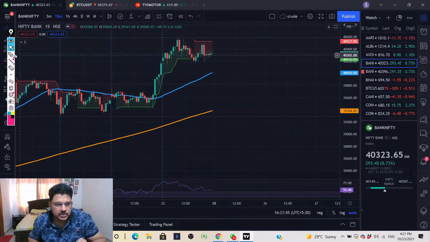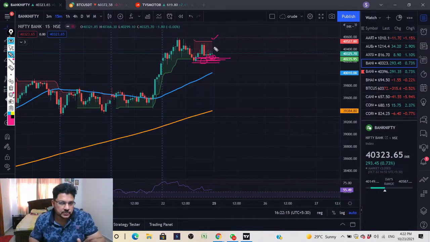You can notice these kind of bars forming here, which depict a lot of buying happening at this level whenever the market wants to breach it. The trend is comparatively negative here, but all the longer time frames you have seen are positive. So on a 15-minute time frame, it looks negative.